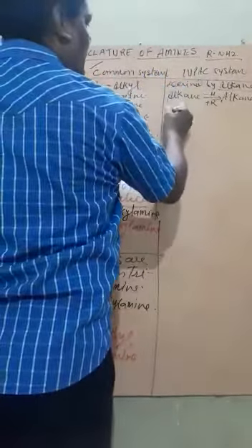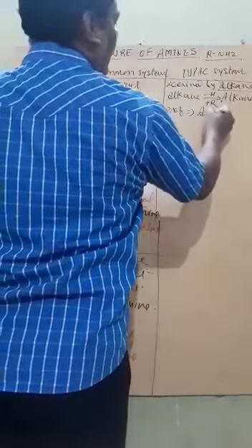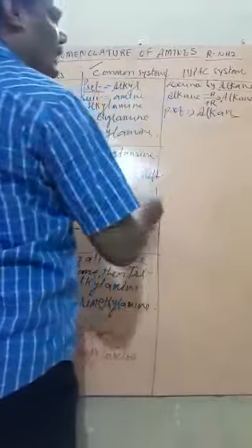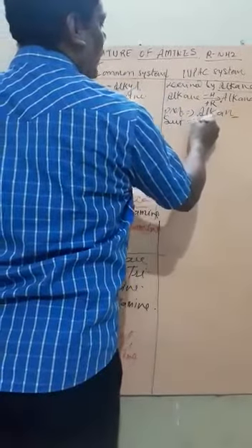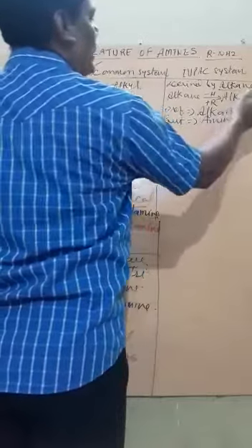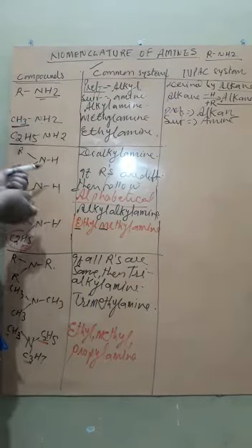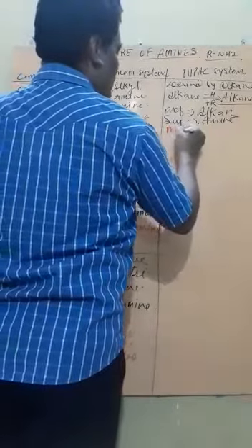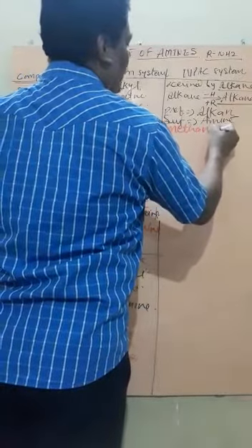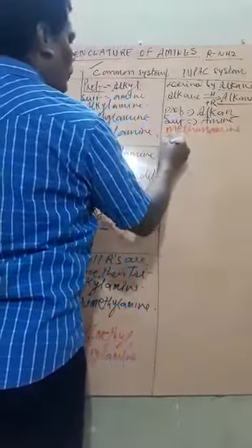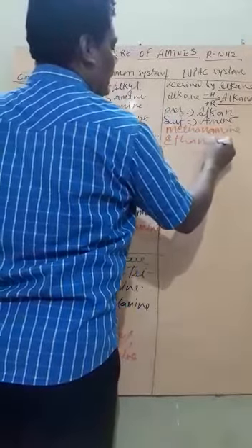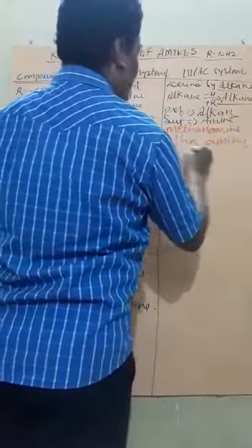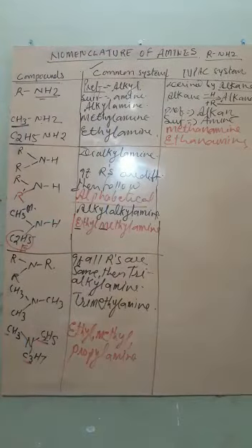So the prefix is alkane without the E; we do not write E. And then the suffix is amine. So the overall name becomes alkanamine. Like if we have CH3NH2, it becomes methanamine, because one carbon is methane. If two carbons are there, that becomes ethanamine. This is about primary amines.